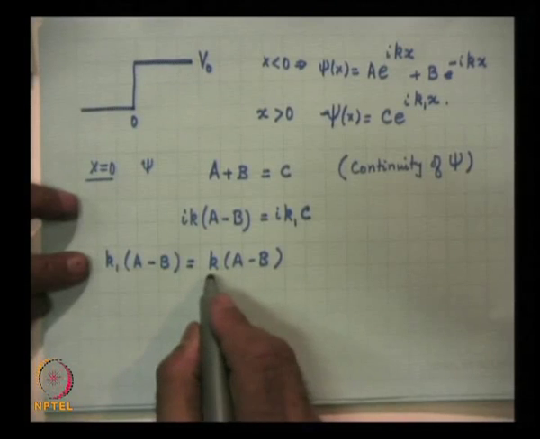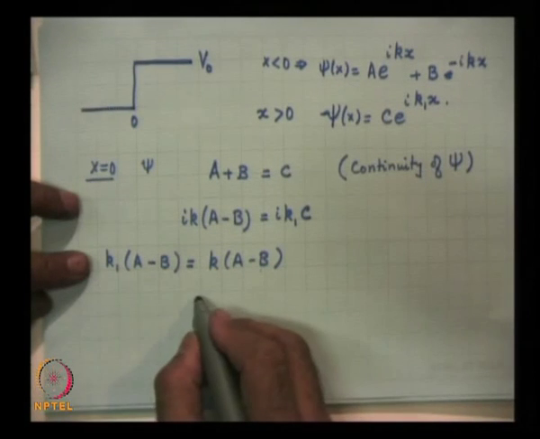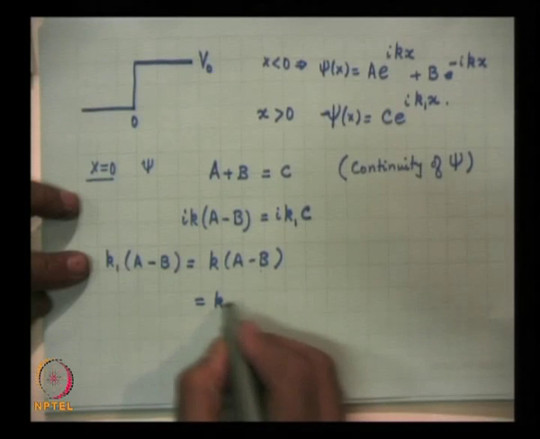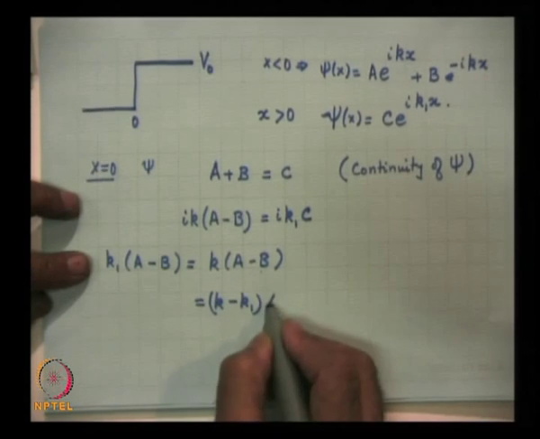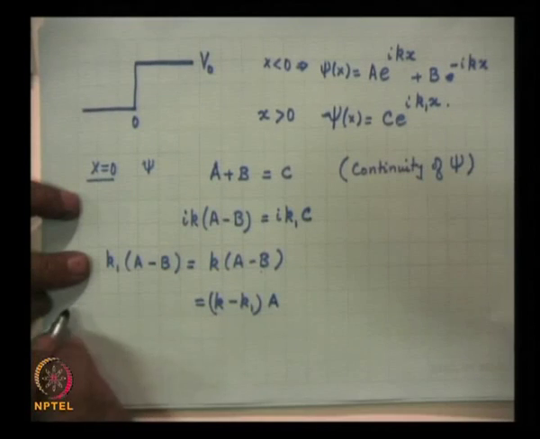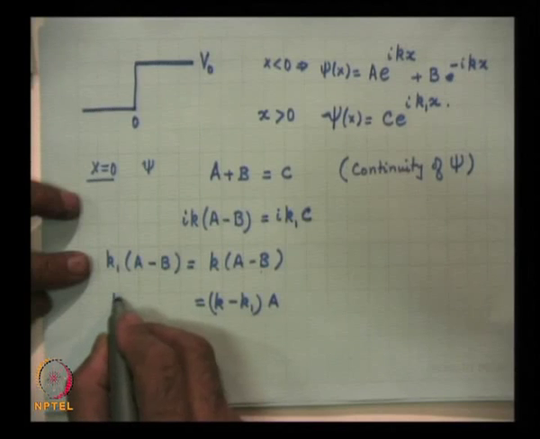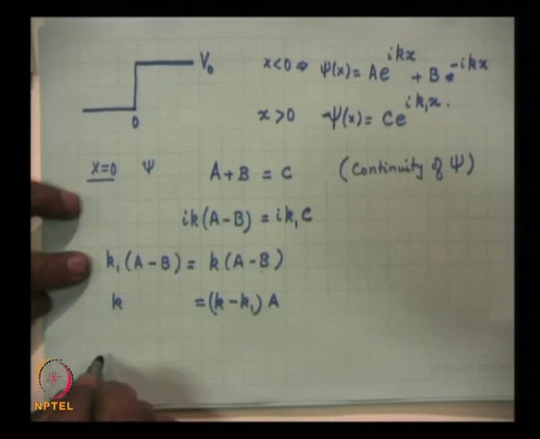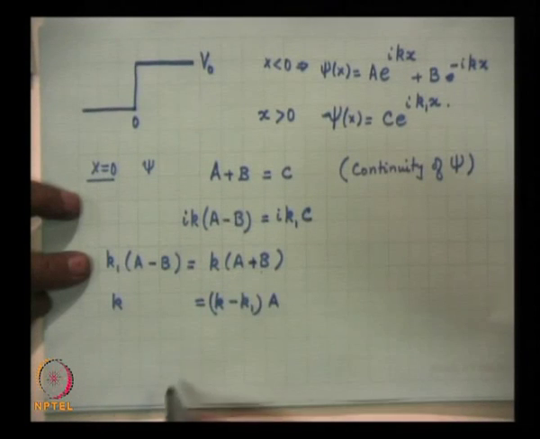So you take b on this side. So you will get k minus k1 into a. I am sorry, this is k into a plus b.